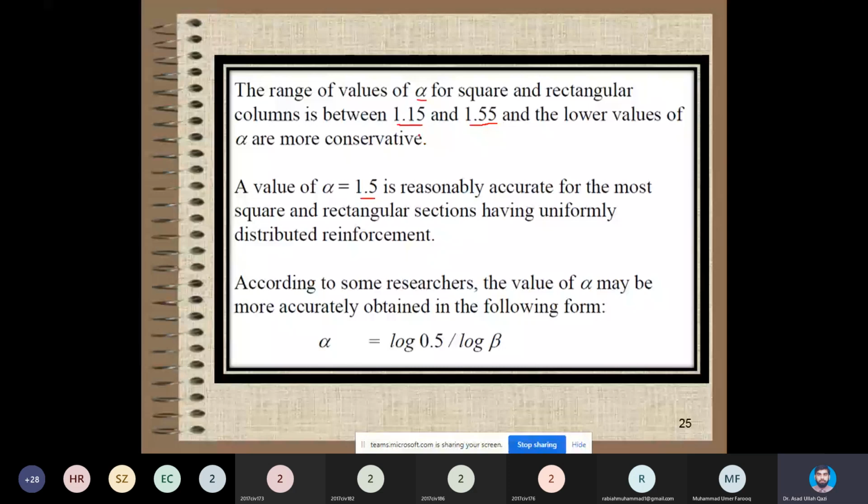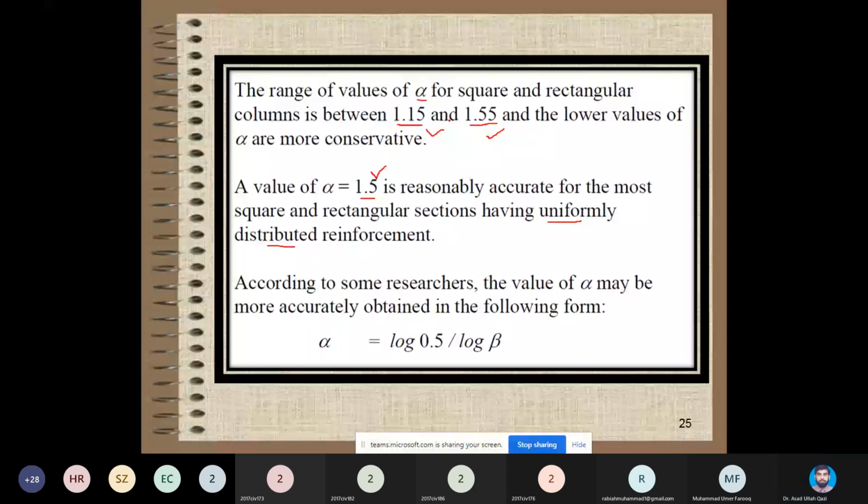The second suggestion is that between 1.5 to 1.55 you may finally get the alpha value based on more exact analysis. And alpha 1.5 is reasonably good for most square and rectangular sections with steel uniformly placed on four faces.